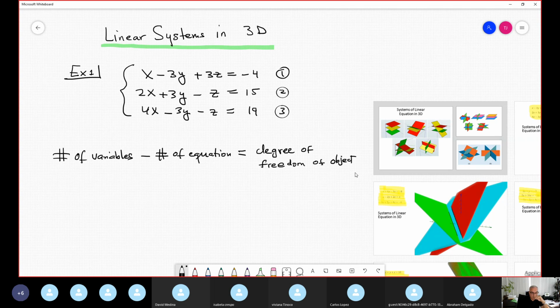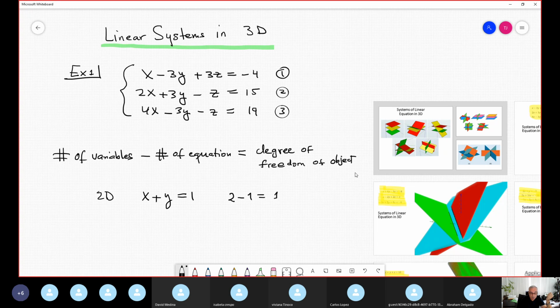For example, to understand this, in 2D, we have one equation, x plus y equal 1. Only one. Suppose only one equation. Okay, so two variables we have. Number of variables 2, number of equations 1, because I take only one equation.